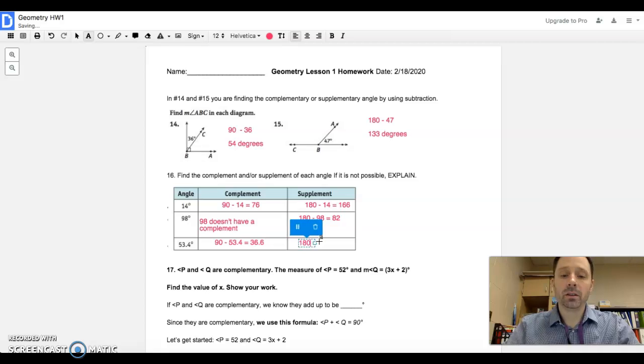And over here, supplement, if we take 180, subtract 53.4, we are going to get 126.6. So that is how you fill that table in. So 76, 166, 98 doesn't have a complement because it's greater than 90, 82, 36.6, and 126.6.